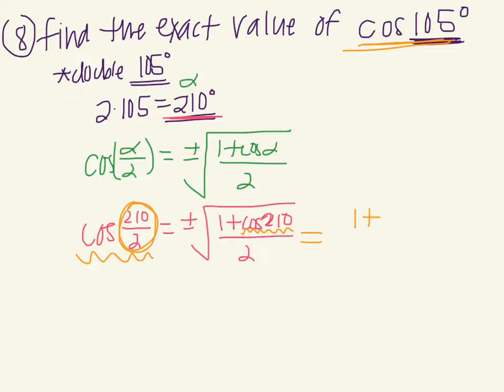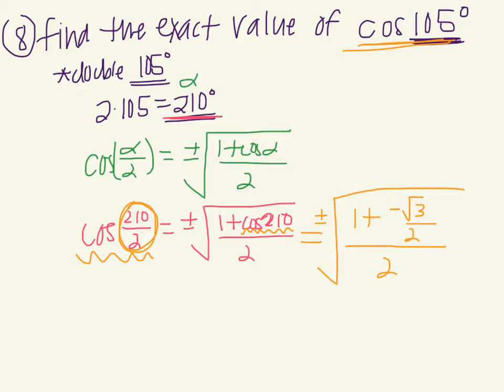I think when you type it in, it'll look like negative 0.866, which is the negative square root of 3 divided by 2, all divided by 2. Still underneath that giant radical with the plus or minus out front. We'll deal with the plus and minus at the end, but for now we'll just kind of leave it there. You can deal with the plus minus at the beginning or at the end, it really doesn't matter. I just choose to do it at the end.